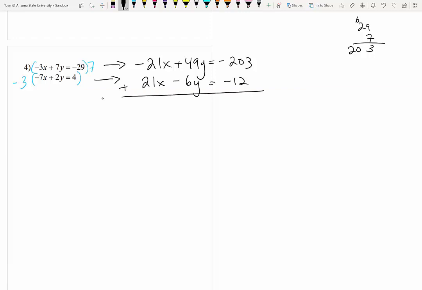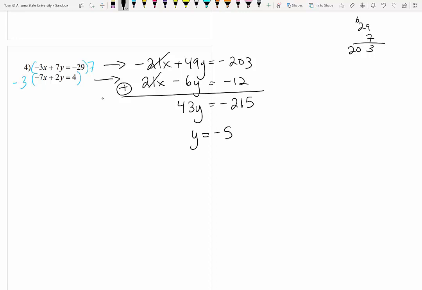So now when I go ahead and add these two equations, the x's should cancel, leaving us with a positive, what's that, 43y equals a negative 215. Crossing my fingers that this divides nicely and evenly. So divide both sides by 43 gives us negative 5.